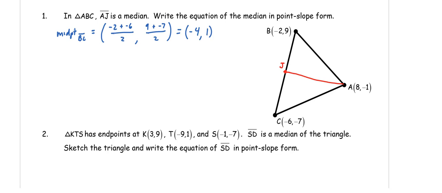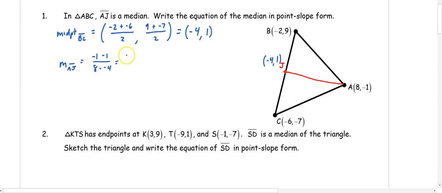So I now have my midpoint. The next thing I need to find is the slope of my median. So I need to find the slope of AJ. Well, I now know that J is -4, 1. So I'm going to use that coordinate and A to find the slope of AJ. So I have y2 minus y1 over x2 minus x1, which gives me -2 over 12, which reduces to -1/6.